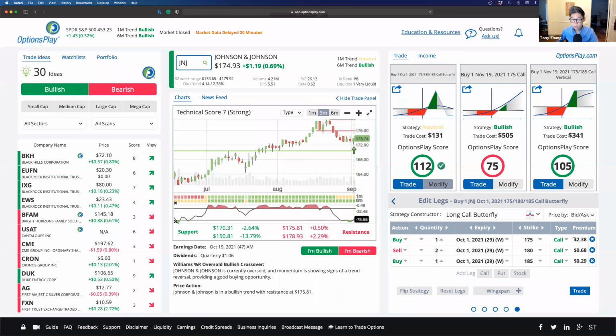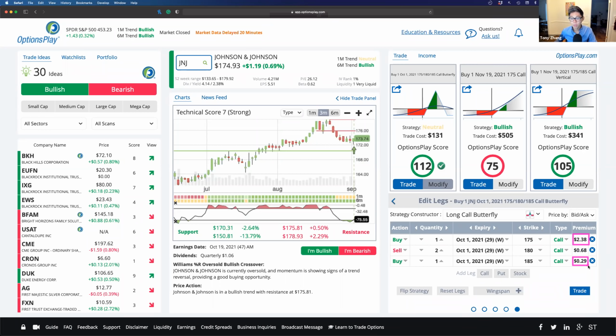So again, what I'm doing is I'm paying $2.38 for the October 1st 175s, and then I'm going to sell 2 contracts of the 180s, which is going to bring in 68 cents each. So about $1.30, close to $1.40 for the 2 premiums. And as you can see, that's going to offset most of the premium here.